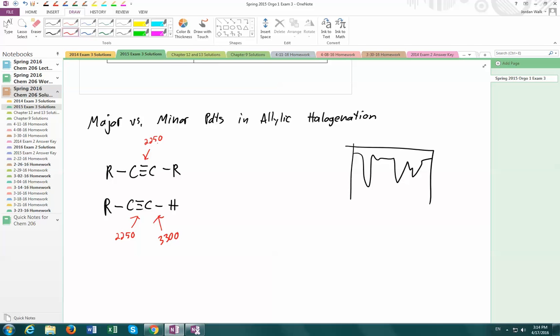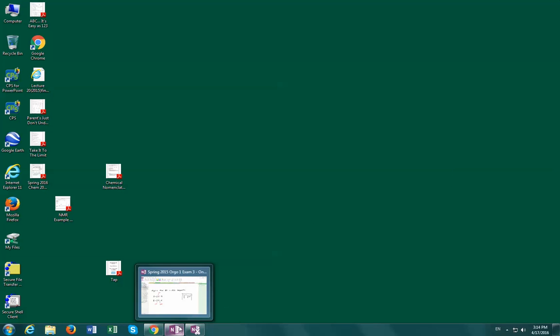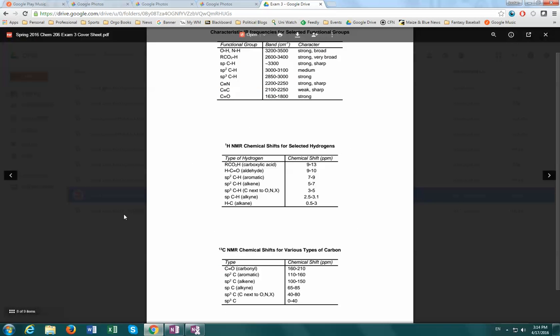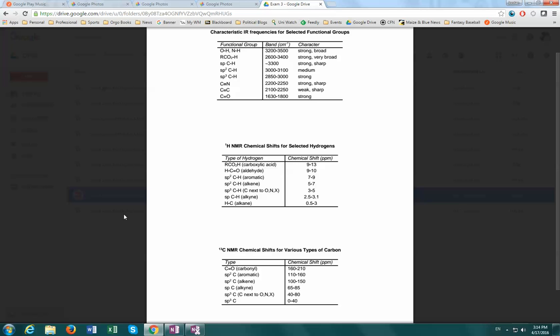Do we get the values of the IR spectrum, or do we get a graph? That's the one part of the exam I haven't quite gotten finished yet. I'd like to have you be able to have a spectrum in front of you to get the information from.